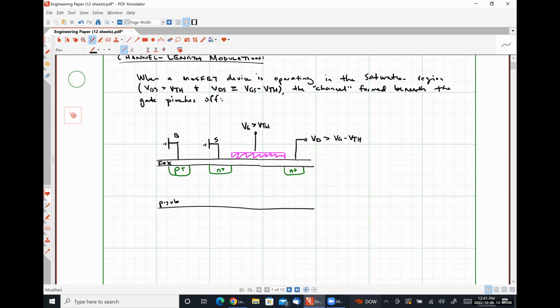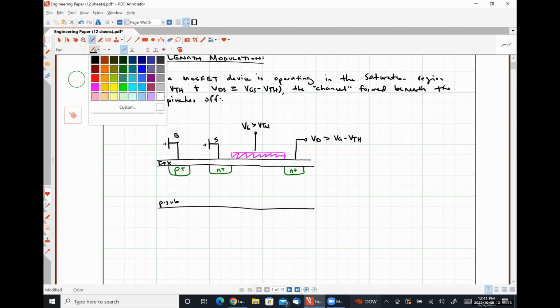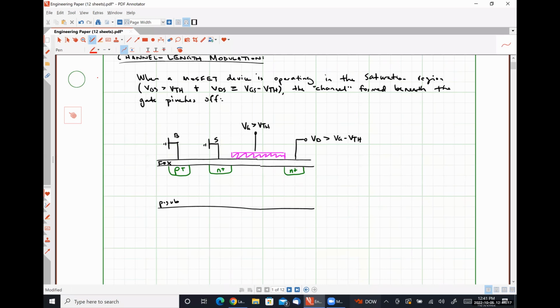So we're not having to worry about that real potential difference there, right? So what our expectation is here is that our channel is pinched off like so, where let's define this distance as L. This is the positive X direction, okay?